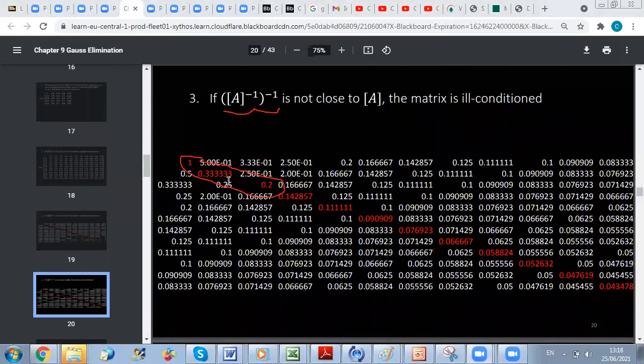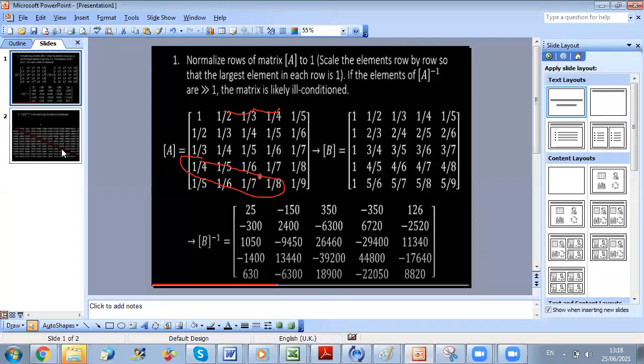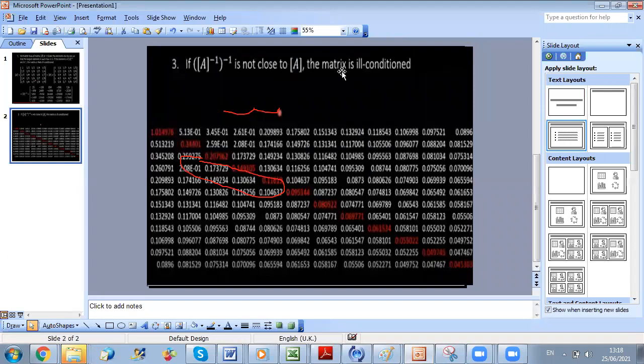You will see that these elements will vary, meaning they will not be exactly the same. You have, for example, here it's 1, here it's 1.01. So if you want to trust 2 digits after the dot, you cannot trust them.